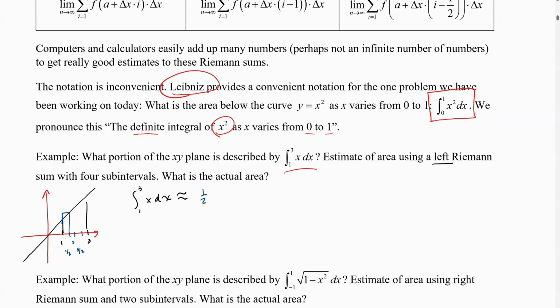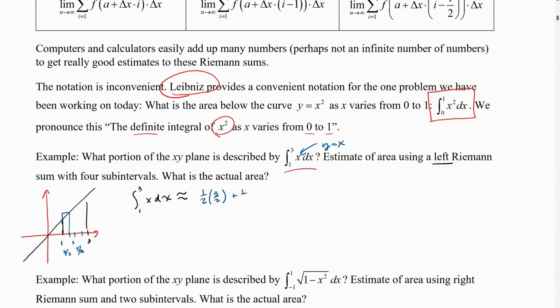It's 1/2 wide. How tall? Well, if this is the curve, y equals x, and x is, oh, I'm sorry, I got some wrong numbers here. This should be 3/2. This other one should be 5/2. Okay, if I'm at 3/2, the x value is 3/2, that means I'm 3/2 tall.